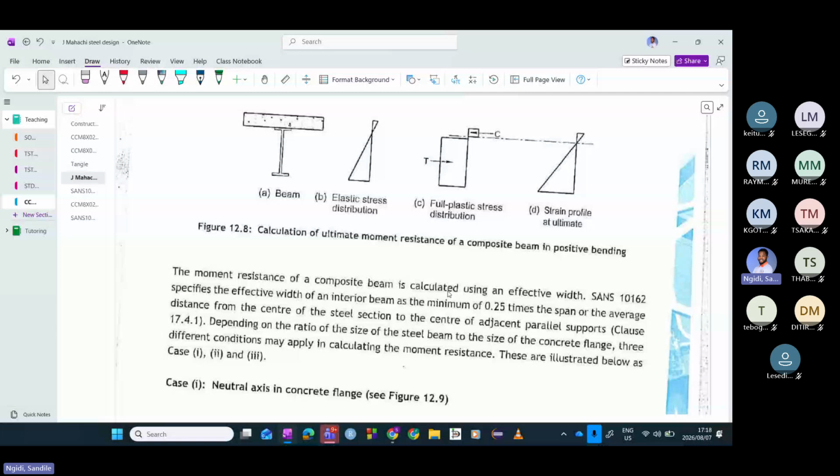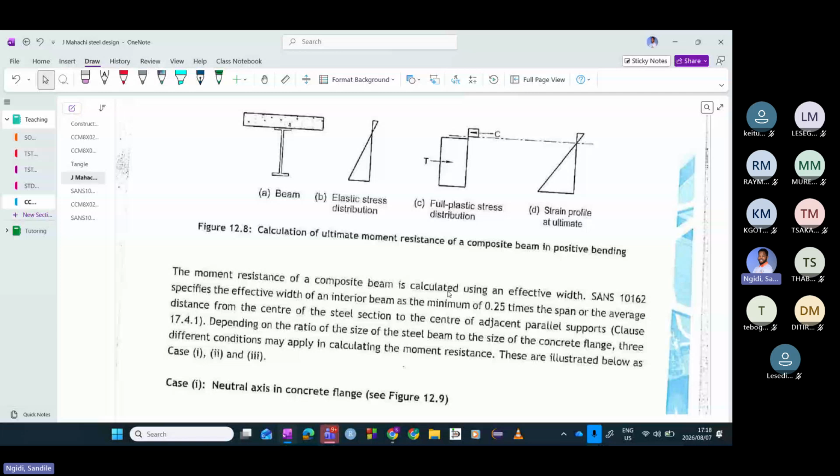Maybe just to visualize these beams. But remember, we are dealing with composite beams. And what we are saying with these composite beams is that when we do composite design, we will normally have a steel section here as the bottom. I think it makes sense to have steel at the bottom because we know that when we have a beam this way, the bottom is carrying tension.